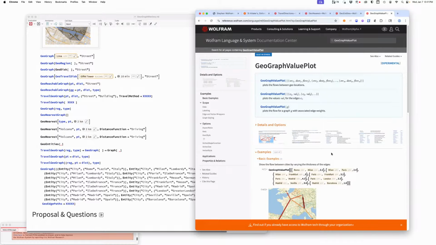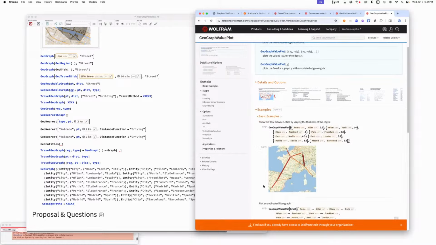Okay. So what I'm suggesting is that GeoGraph has a display form that is the disembodied geopoints. Does that make any sense to people? Yes, it makes sense. I mean, there's slight funkiness with the fact that it still has to have projections and God knows what else. But I think that's the right way to do it. And then GeoGraph plot would actually plot it with the base map and so on.